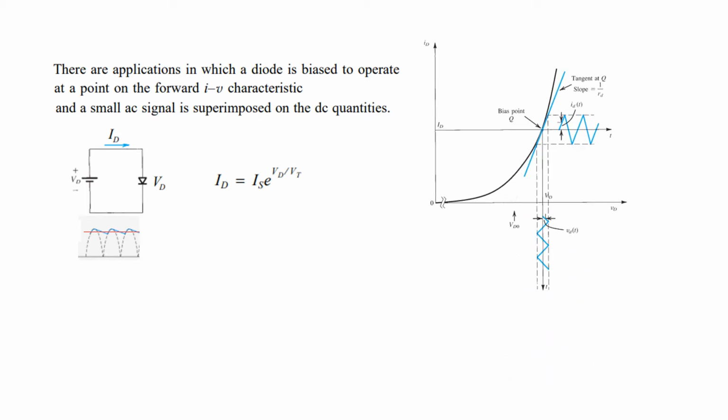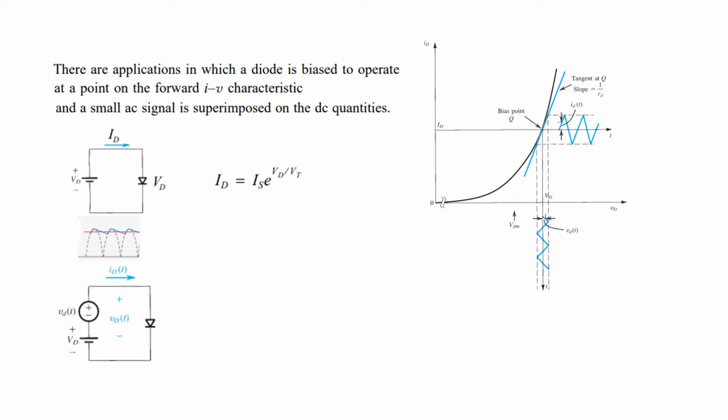This is your current ID and voltage VD. On this we are now superimposing this ripple, almost triangular in shape. So a very small variation, and because of this there will be variation in the output current also, and we assume that this portion is linear.